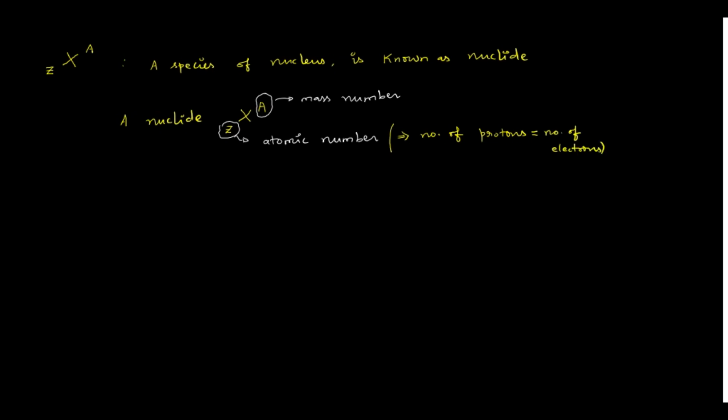Now what about the mass number? It implies the total mass of the nucleus, and that is the total number of protons and neutrons.